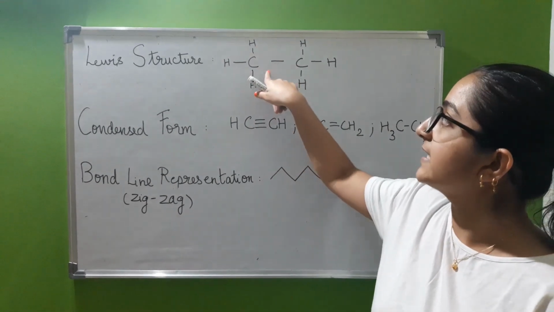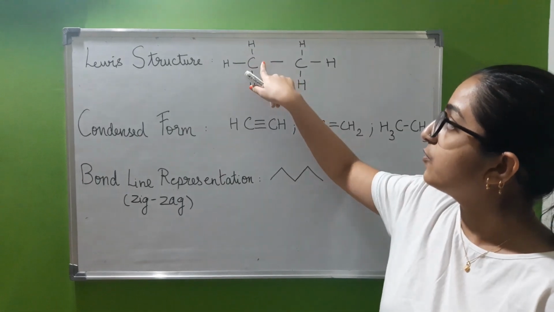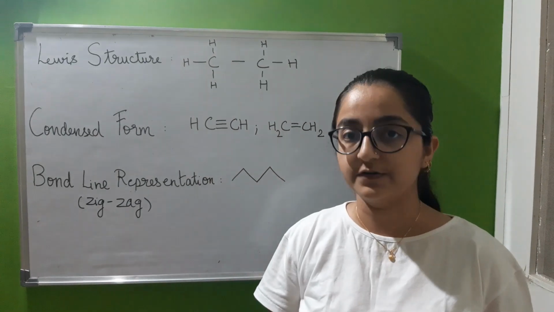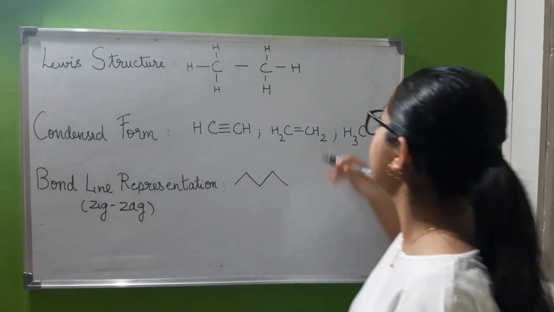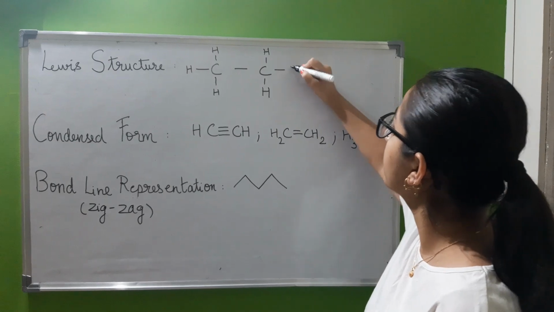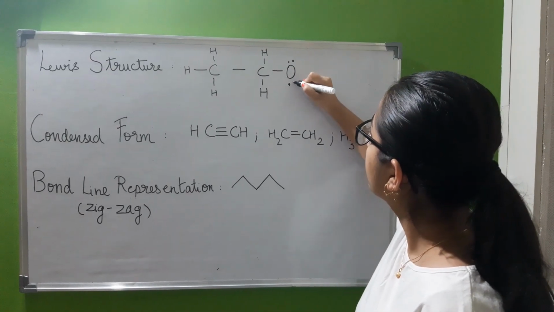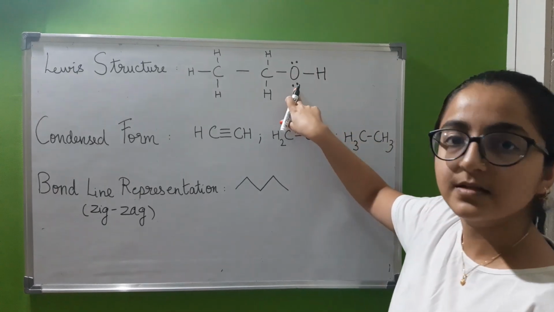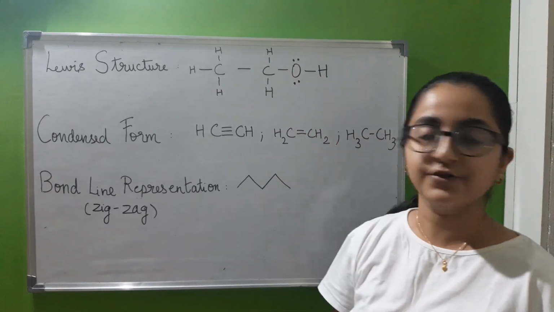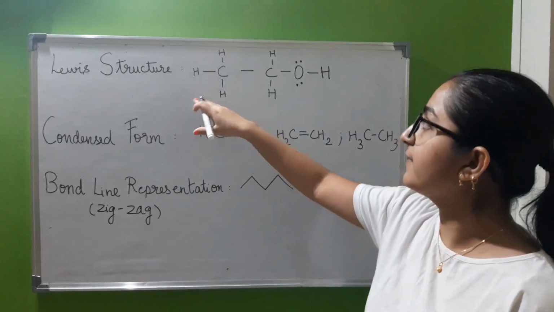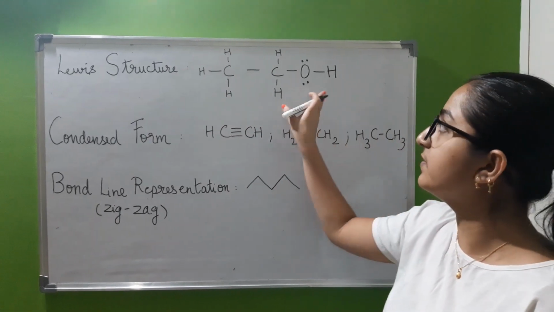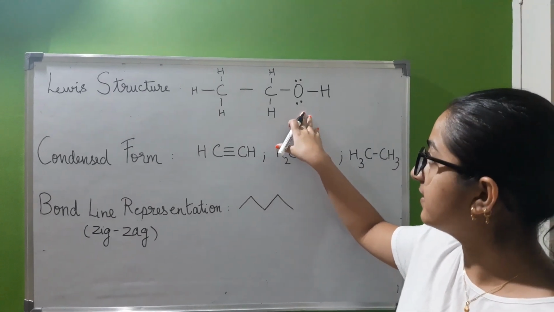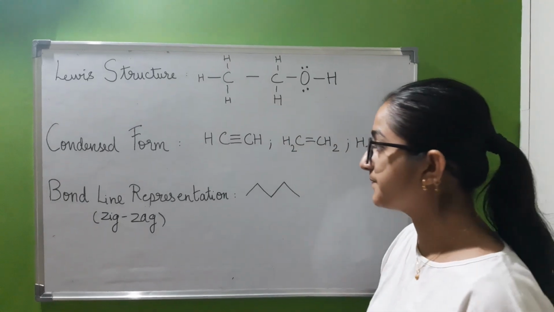Here, since carbon satisfies its valency, there are no valence electrons shown, but if we take a carbon compound with oxygen, we represent it with 2 pairs of valence electrons. So the Lewis structure is a very thorough representation of a carbon compound. The compound written here is ethanol, also known as alcohol.